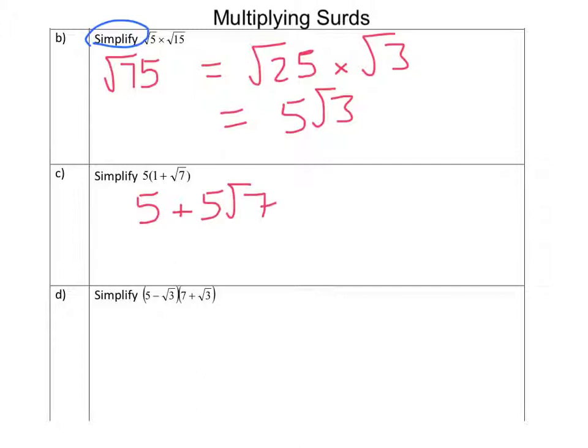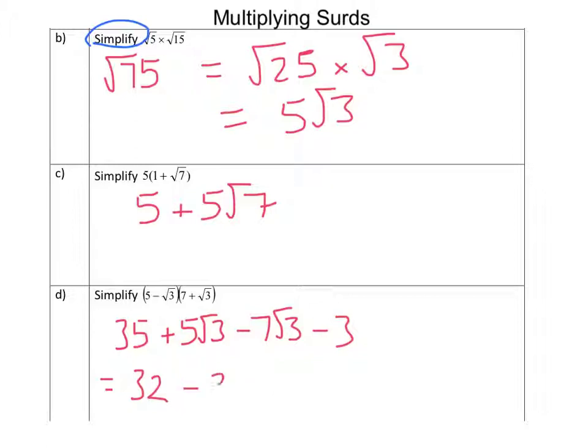In the final example we have two brackets, so multiplying that out, the first term is 35, then 5 times plus root 3, then minus root 3 times 7, and minus root 3 times plus root 3 is minus 3. Simplifying further, just taking the numbers without surds, we have 35 minus 3 is 32, and 5 root 3 minus 7 root 3 is minus 2 root 3.